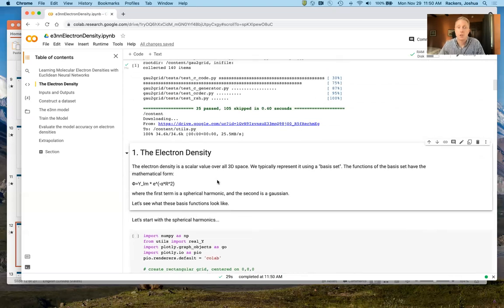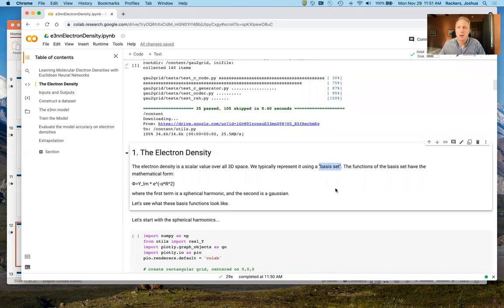Now let's talk about the electron density. So again, the electron density is a scalar value over all three-dimensional space, and you could probably envision that there's lots of different ways you could represent an electron density. For instance, a fairly simple but not very good way would be to just put it on a grid. So every grid value gets an electron density. A much better and more data efficient and more accurate way to represent a density is using what's called a basis set.